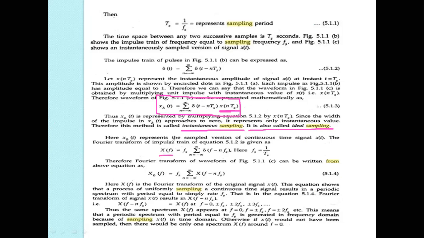X of omega, or X of 2 pi f in terms of the normal frequency. And it becomes fs times the sum of n equal to minus infinity of delta of f minus n into fs. The t becomes f here, the ts becomes fs, and x of n into ts becomes fs, where fs is 1 by ts.